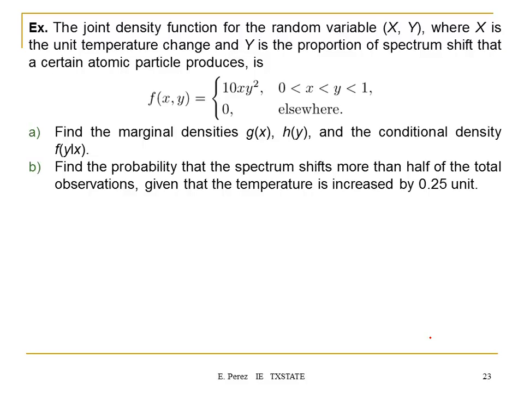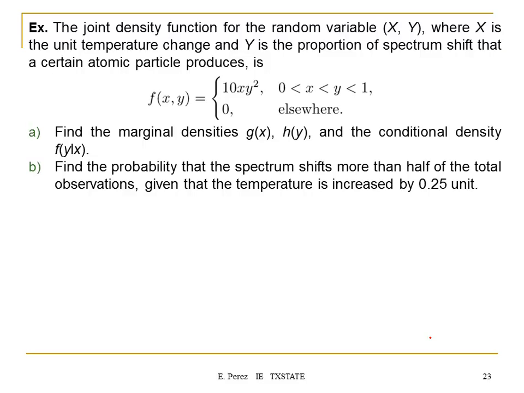So let's look at this example. Here we have the joint density function for random variables x and y, where x is the unit temperature change, and y is the proportion of spectrum shift that a certain atomic particle produces.